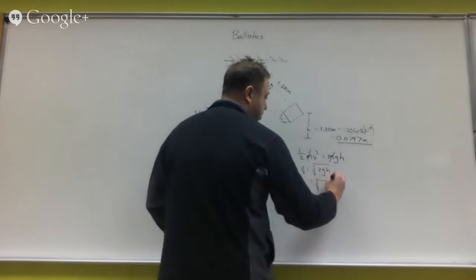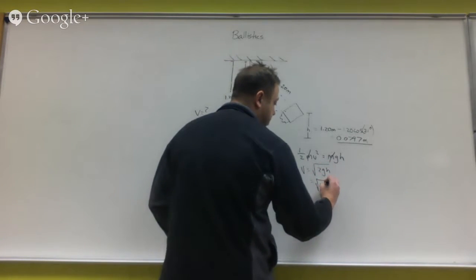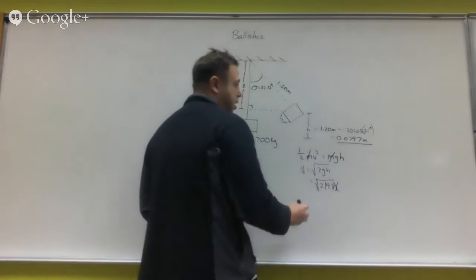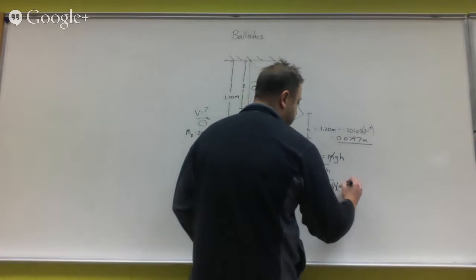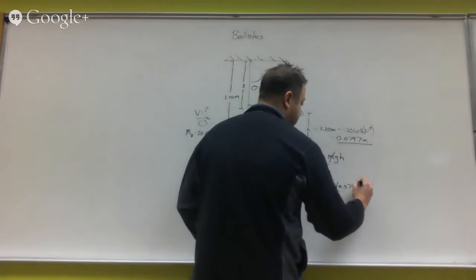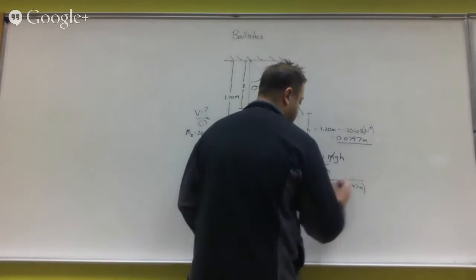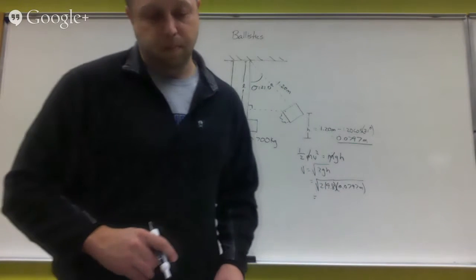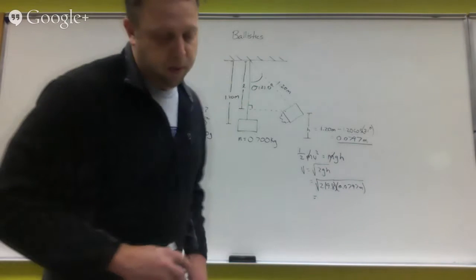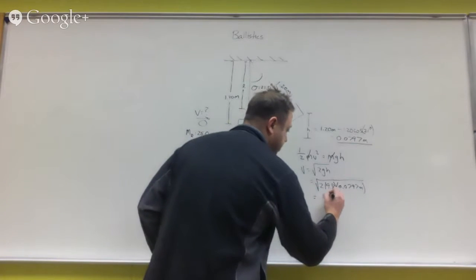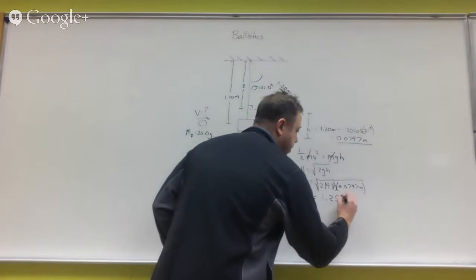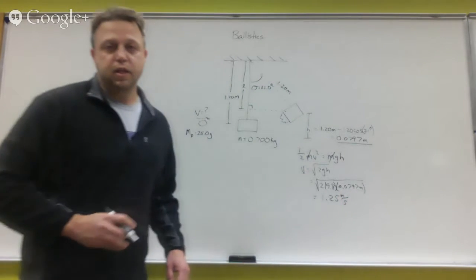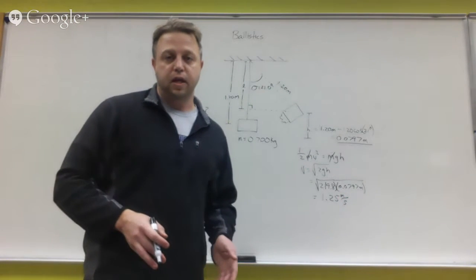So our speed of the pendulum and the putty is the square root of 2 times g times 0.0797 meters. The velocity of the pendulum and the putty is going to be 1.25 meters per second. Now this is immediately after the impact.